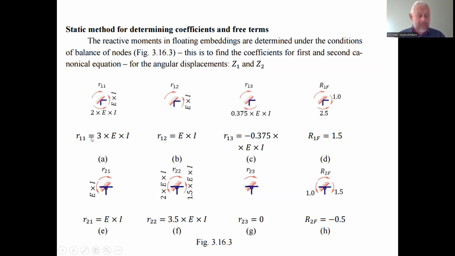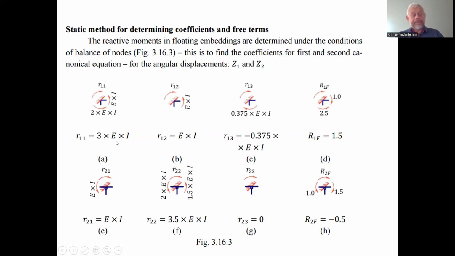If we consider these two taken together, R11 is equal to 3 by E by I. We have the rotating moment under the kinematic action of the unit rotation angle equal to 3 by E by I.